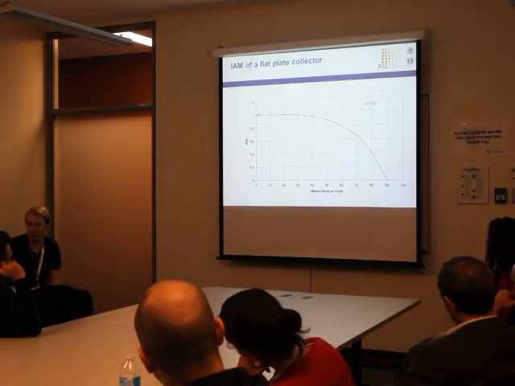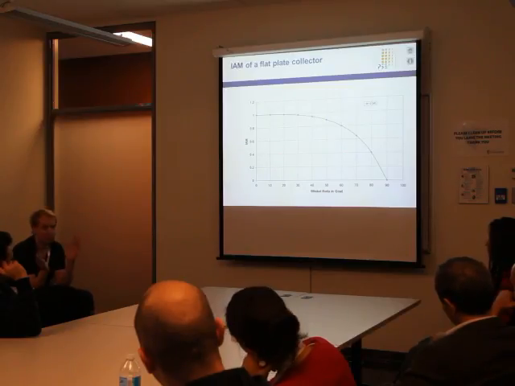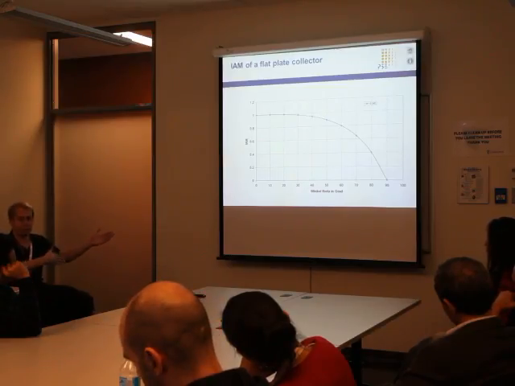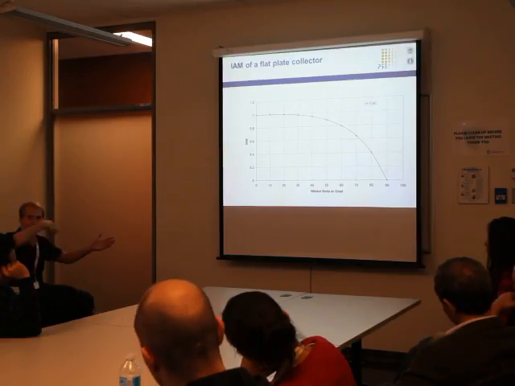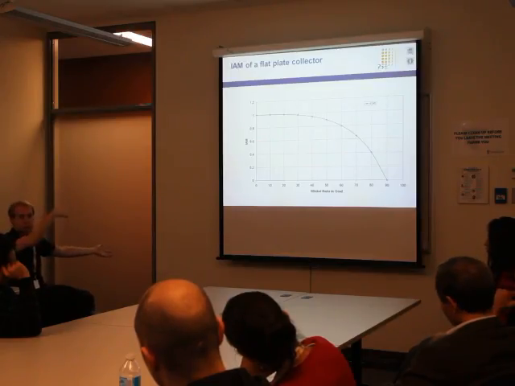This is what you normally do for incident angle modifier testing. I would explain it from a steady state testing point of view. You have a collector on a tracking system, for example, and the sun is coming from here, and you put the collector at a different angle from the normal to the sun.